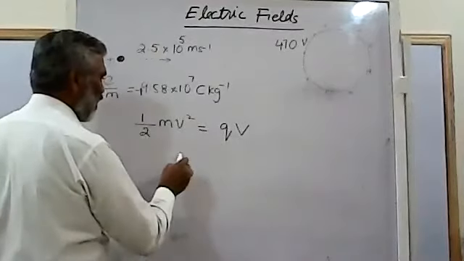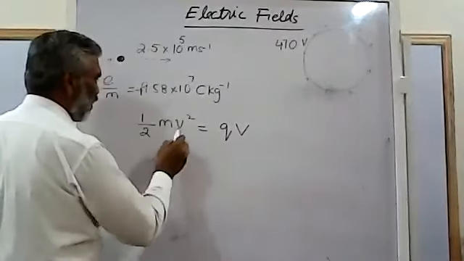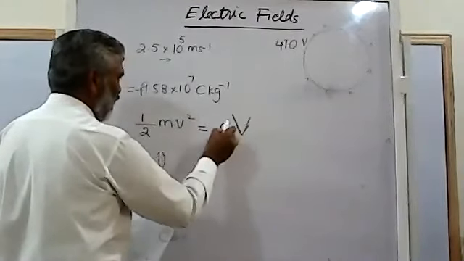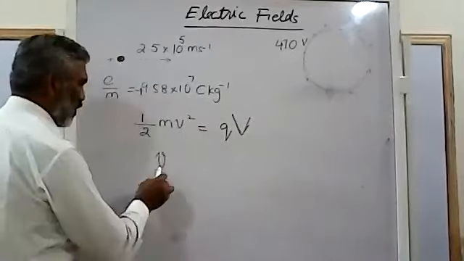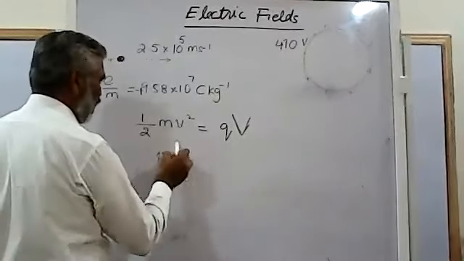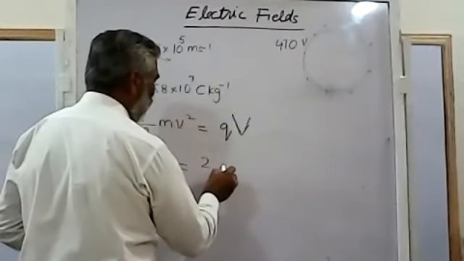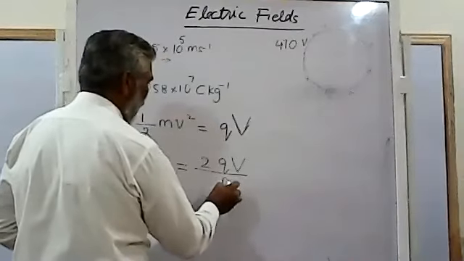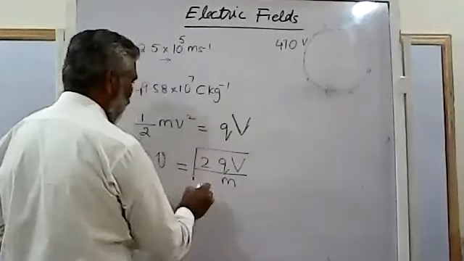If I simplify it, we have an expression for the velocity. This is potential, capital V, and the small v is the value of velocity with which it is moving. So the velocity v will be the square root of 2qV divided by m.